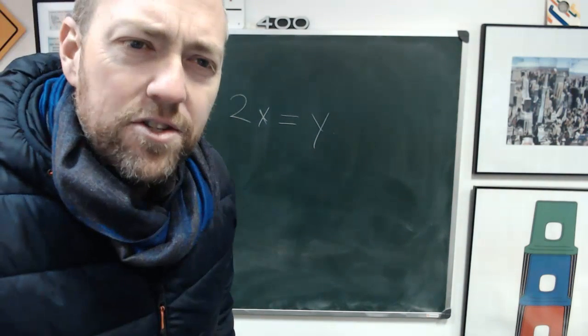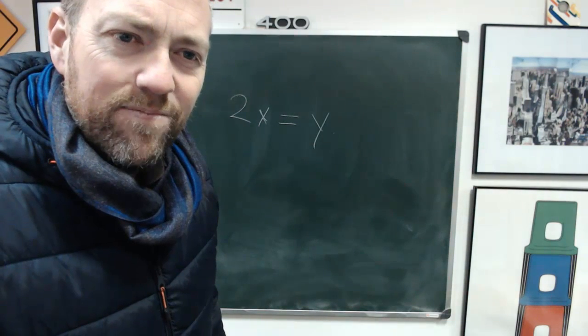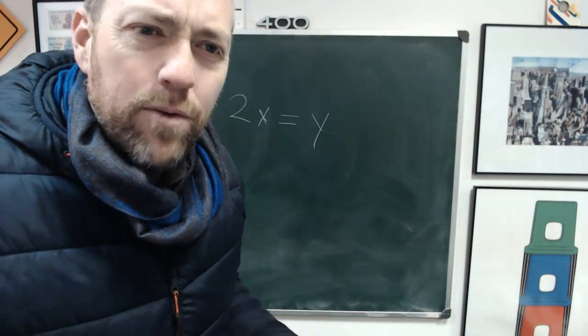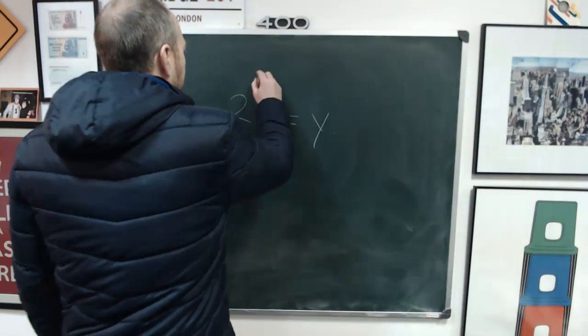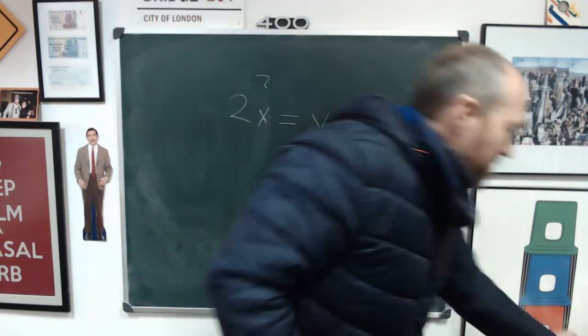But the question is, why do we use the letter X? Why does X represent something we don't know? And the reason is actually because of the Arabic language, okay?